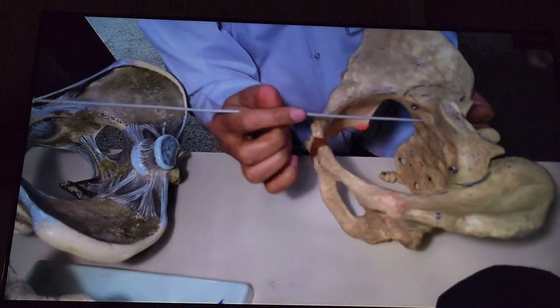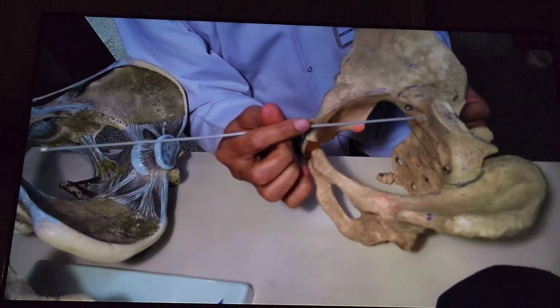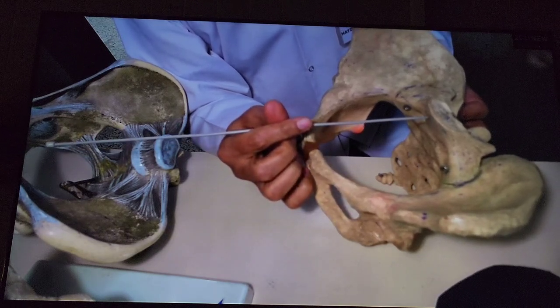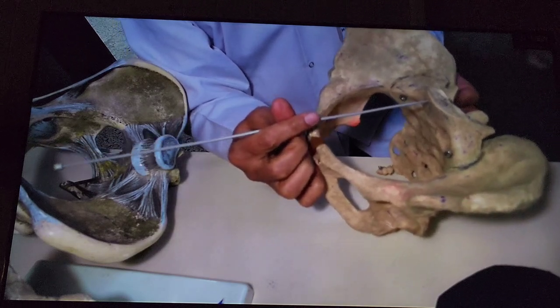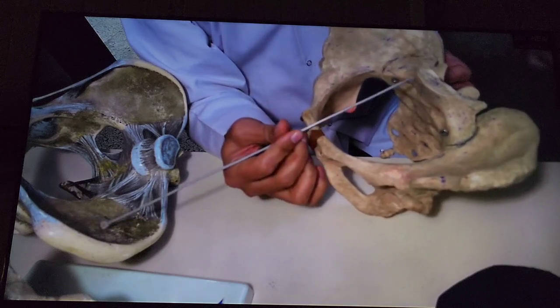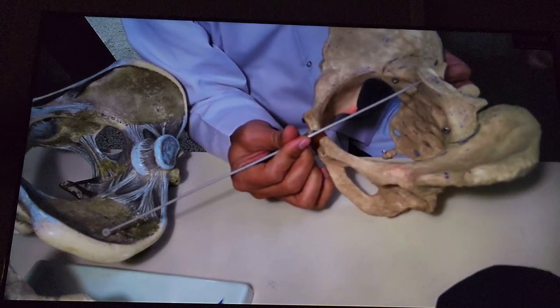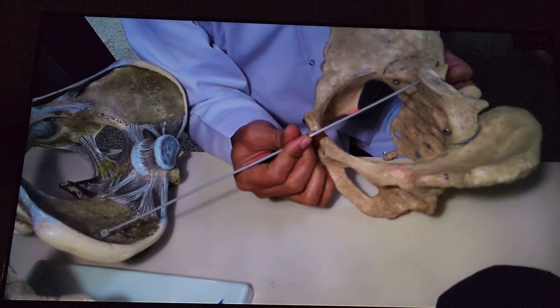First of all, the anteroposterior diameter of the pelvis, which is the line joining the mid-promontory to the upper surface of the symphysis pubis. It is about 11 centimeters.